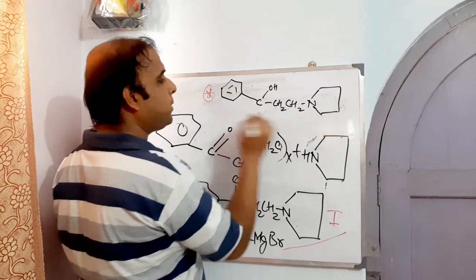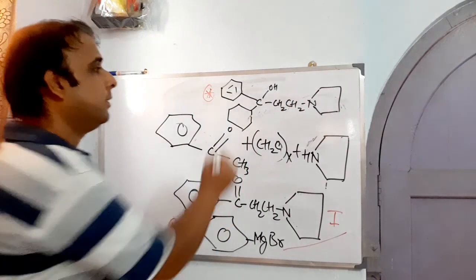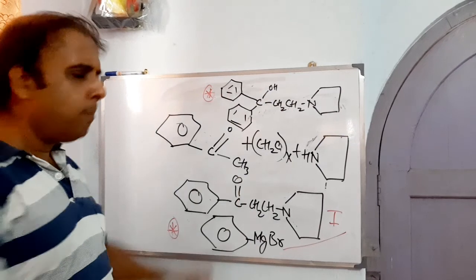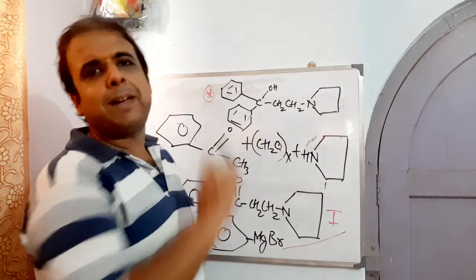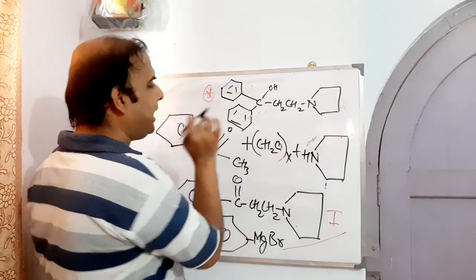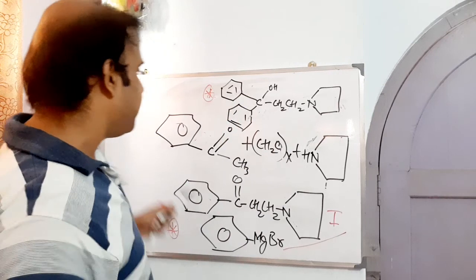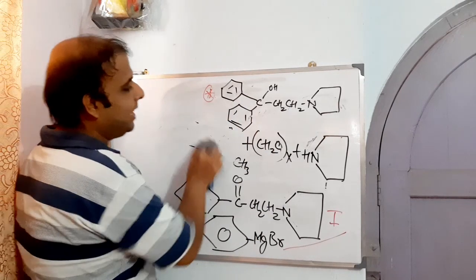We are close to procyclidine. Phenyl, right? Almost done. The only thing is that we need to remove the pi bonds, nothing else, from this particular ring system, right? Now let me rub this one off.